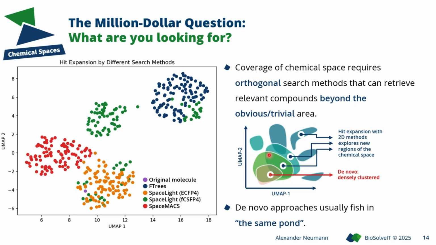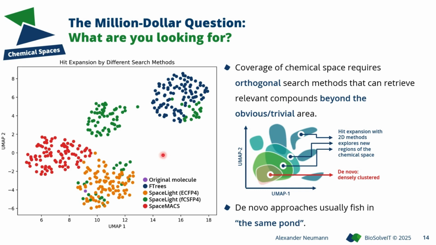So what I'm telling you here is if you want to cover a larger area of the chemical space, you need to use orthogonal search methods that exceed this trivial area around de novo designed compounds. And those compounds, as you will see in the upcoming slides, are also very similar and actually quite efficient to expand and refeed into your workflows.